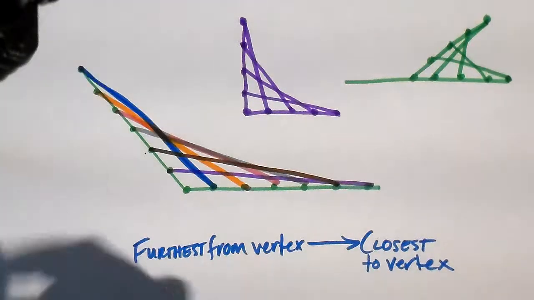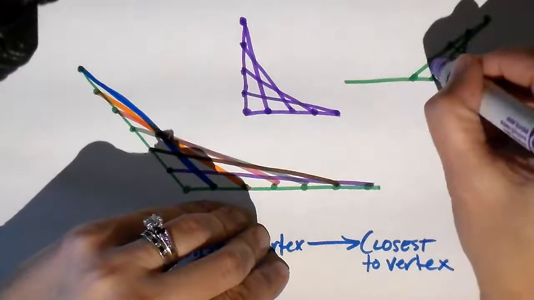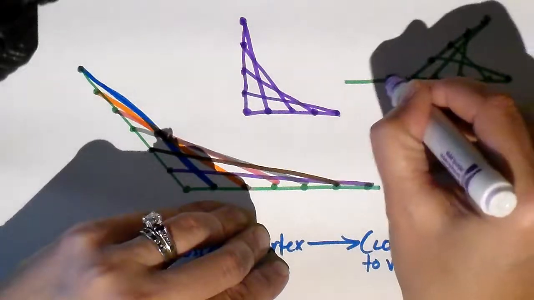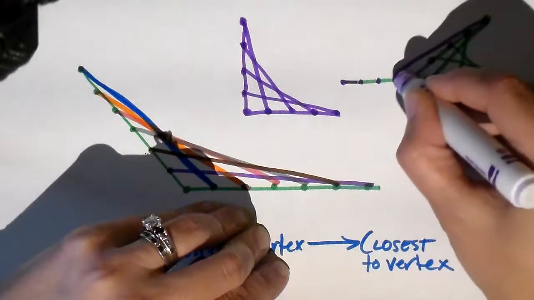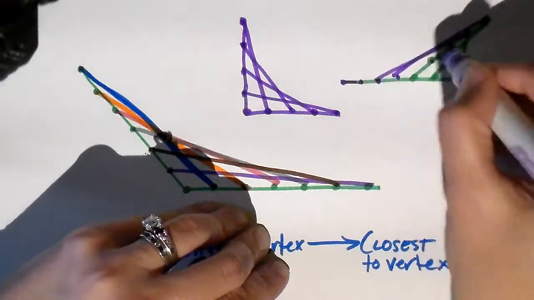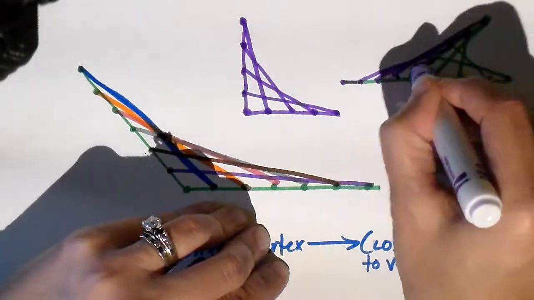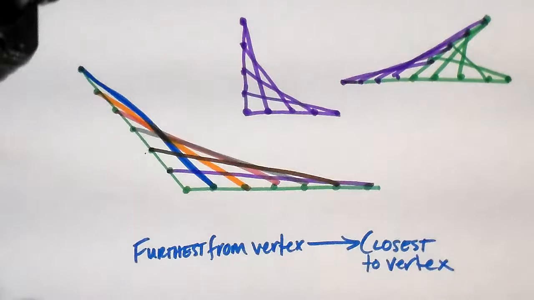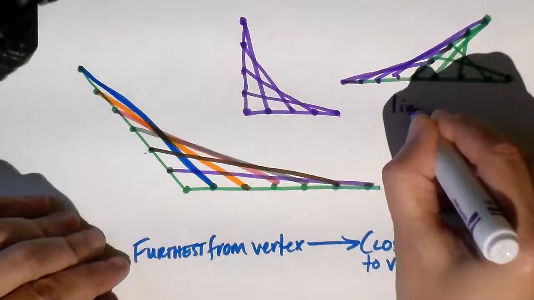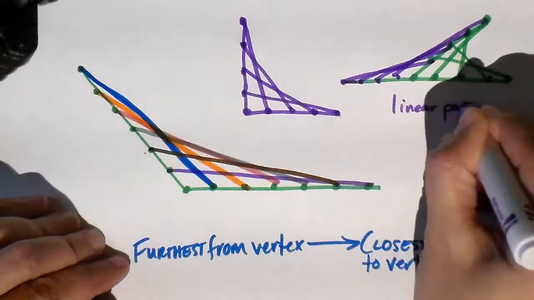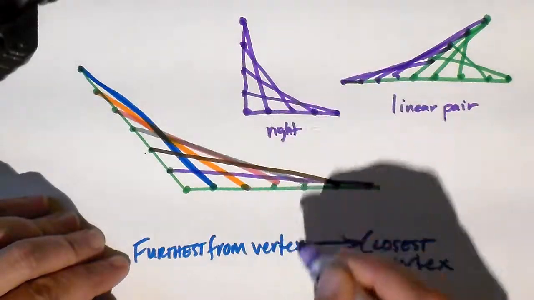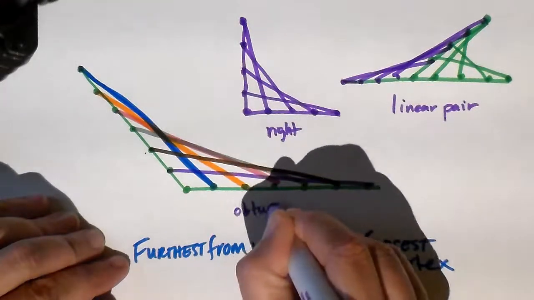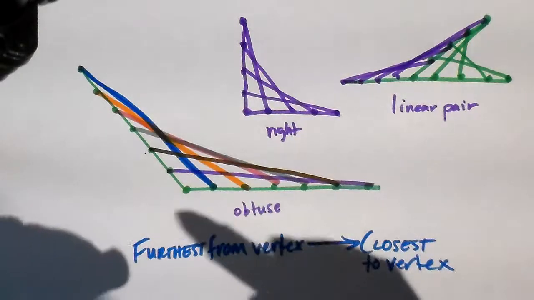Then I'm going to go on the other side, and I had 4 points, right? 1, 2, 3, 4. Again, same thing. Closest to furthest, closest to furthest, closest to furthest, closest to furthest. And there I've just made a linear pair. So here I've got a linear pair, a right angle, and an obtuse angle, and I've just shown you how you can create all these.